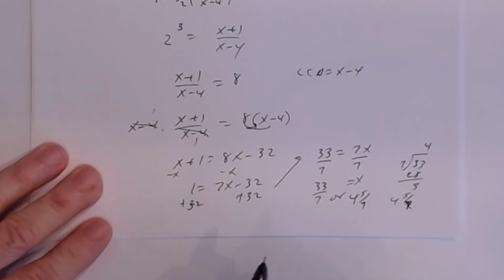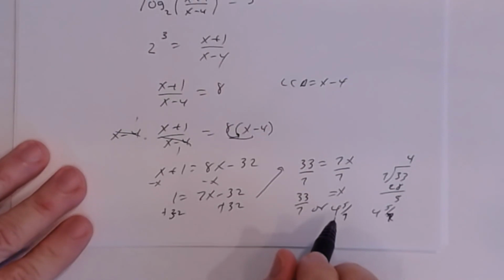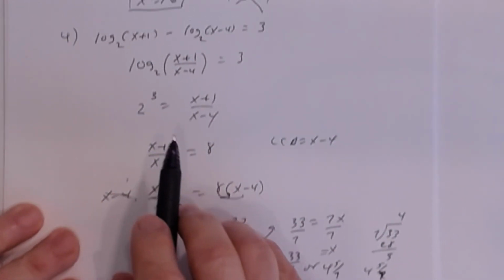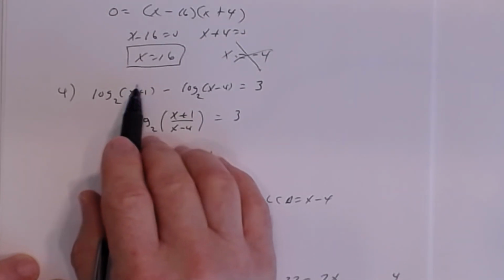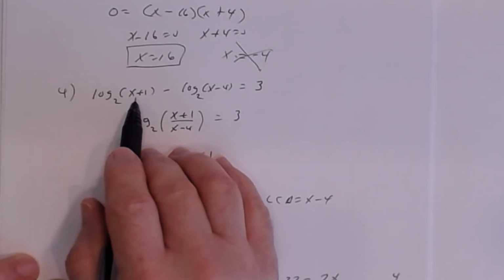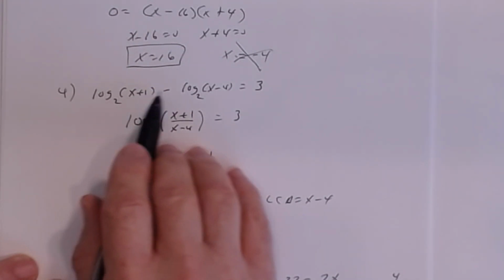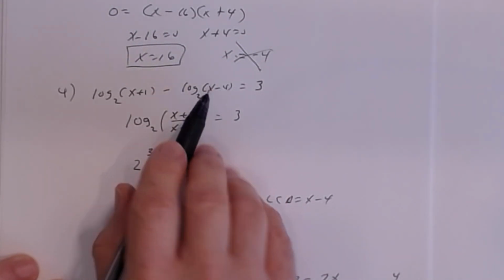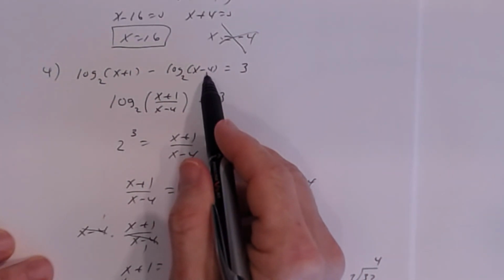All right, but remember, you've got to check. You've got to make sure that the argument is positive. So watch, 4 and 5 sevenths, right? Always go to the original. Is 4 and 5 sevenths plus 1 still a positive number? Yes, it is. It's 5 and 5 sevenths. Is 4 and 5 sevenths minus 4 still positive?